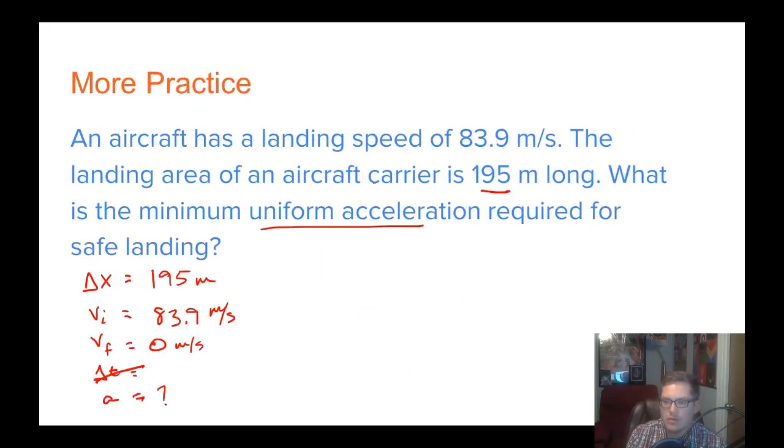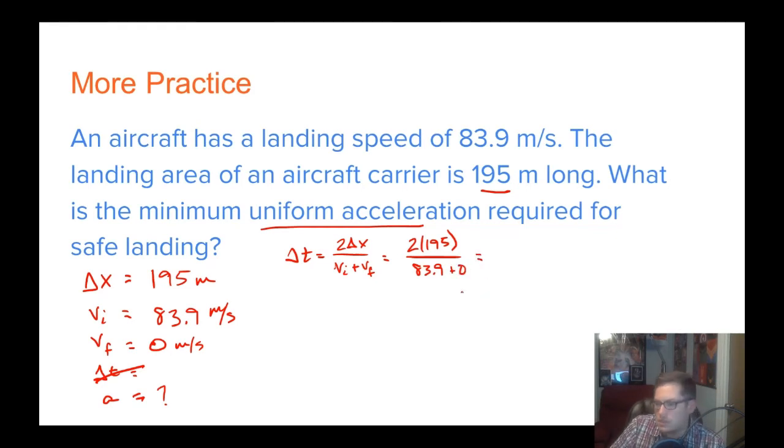So 2 times 195 over our initial velocity, which was 83.9, and our final velocity, which is 0.